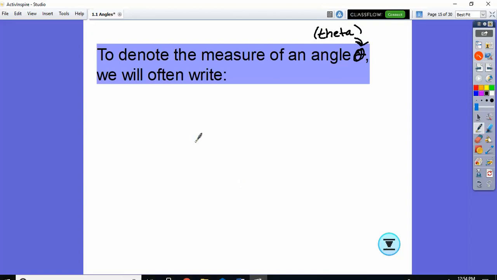If I'm talking about the measure of an angle, so whether that's angle A or angle theta or anything like that, the notation that we use is lowercase m for measure. Then we do this angle symbol, and then we write the name of the angle. So you might say, measure of angle theta equals 12 degrees or something like that. So just know, anytime you see that lowercase m in front, I'm asking you to find the measure of that angle. All right.